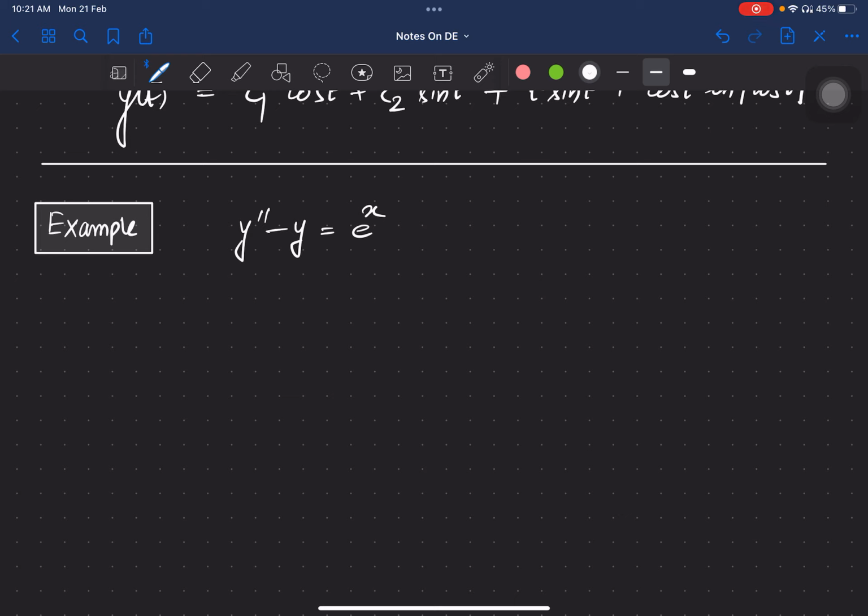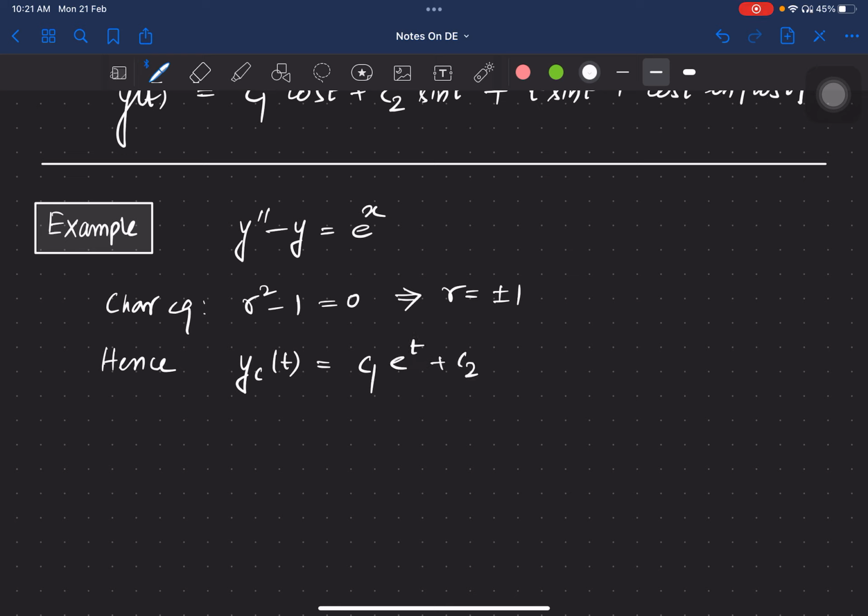From the previous example, with a slight change, the characteristic equation is r square minus 1 equal to 0, which implies r equal to plus minus 1. Hence yc(t) equals c1 e power t plus c2 e power minus t.